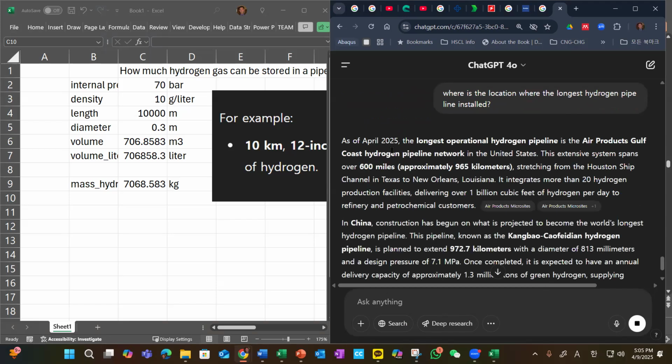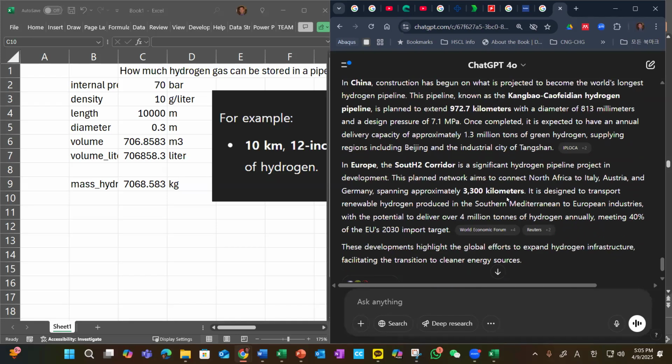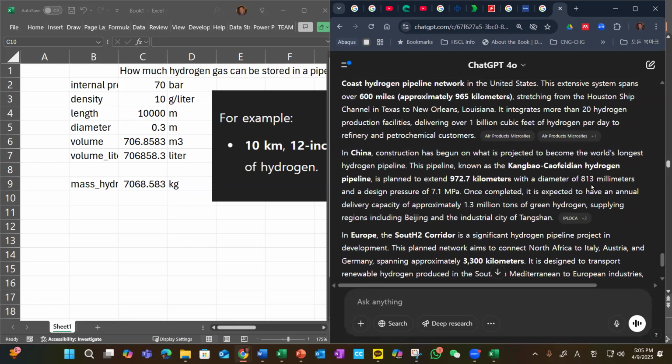April 2025, the longest operating hydrogen pipelines, the Air Products Gulf Coast hydrogen pipeline network in the United States. This extensive, okay, plan to extend 170 kilometers with a diameter of 800 millimeter.